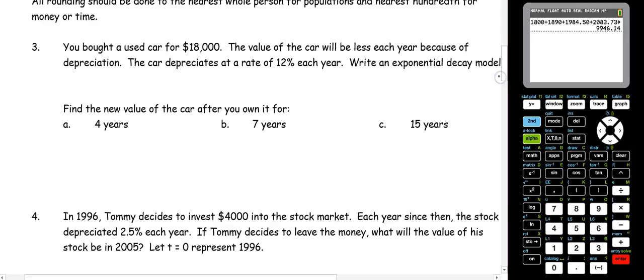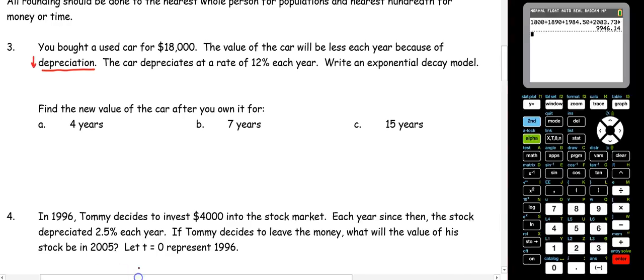So let's look at number 3. You bought a car for $18,000. The value of the car will be less each year because of depreciation. So depreciation means that the value of our car is going down. So the car depreciates at a rate of 12% per year, right? An exponential decay model. So I'm going to have y equals, my A value is how much I start at, my rate is 12%.